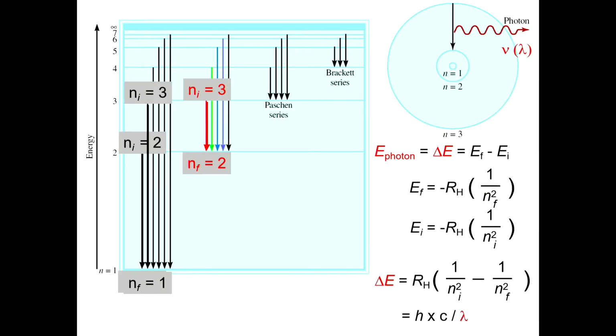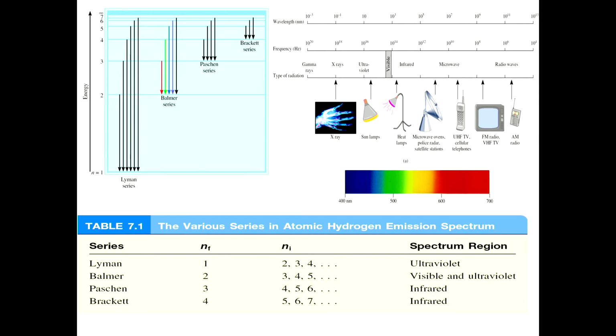Now we just introduced the concept of how to calculate the energy difference and also how to calculate the wavelength of the photons. Now, for example, when electrons move from this orbit to this orbit, they will release light.